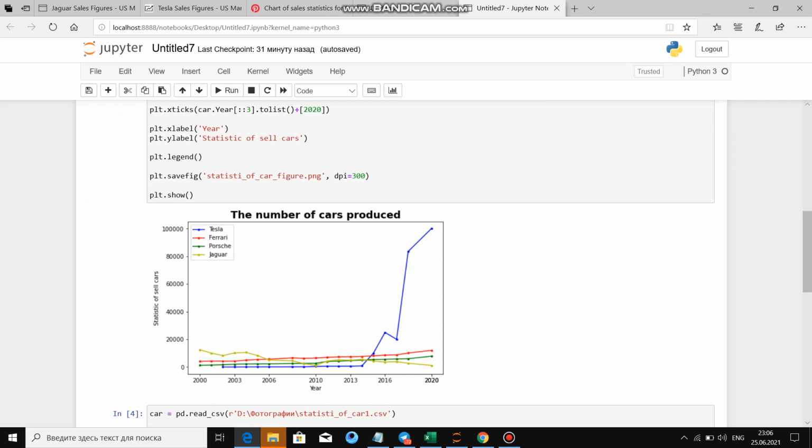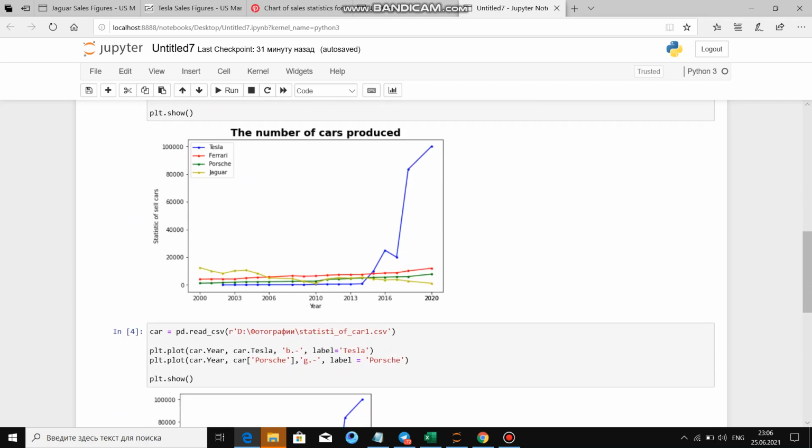However, as you see, Tesla, on the other hand, indicates a gradual climb in car production over the whole period.